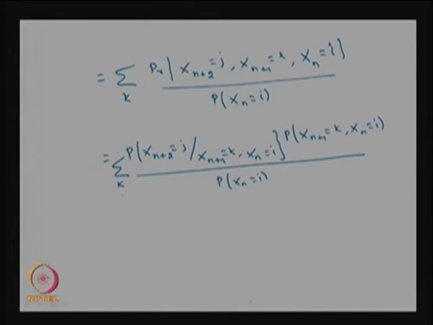So, basically I am writing the numerator joint distribution of these three random variables as the product of a conditional distribution with the marginal distribution of those two random variables.